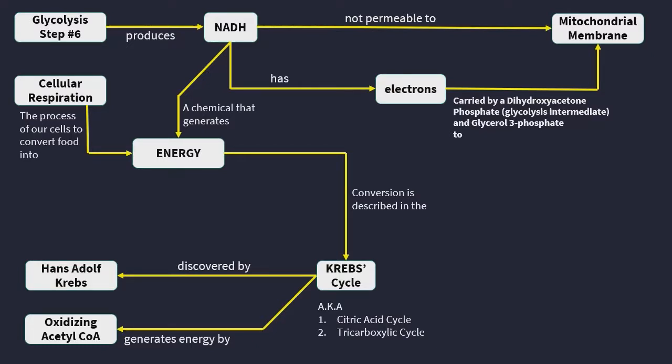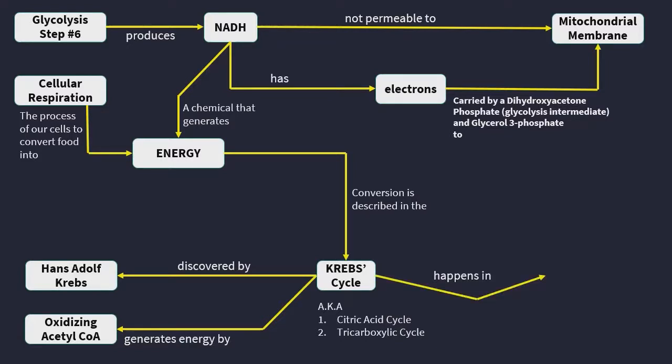This can be further processed in the mitochondria by converting it into acetyl-CoA. We will look into the different stages of the Krebs cycle, or the citric acid cycle, or the tricarboxylic cycle, in the next page of the presentation.